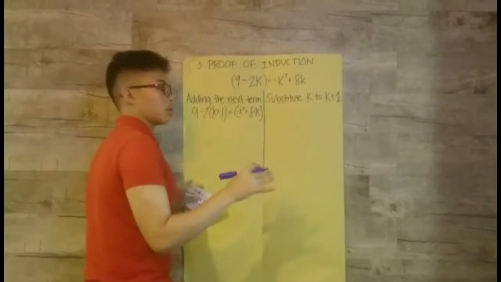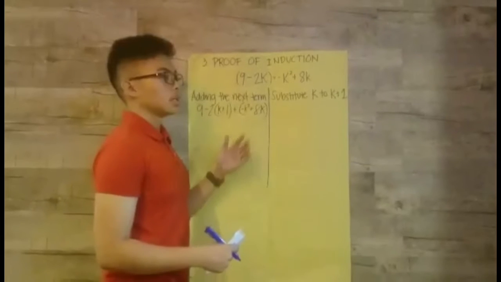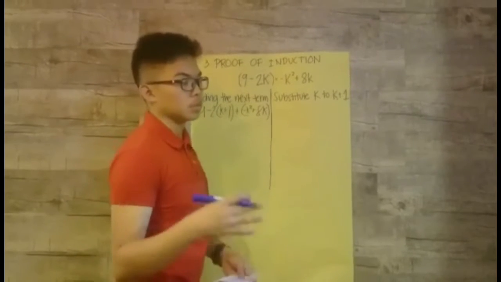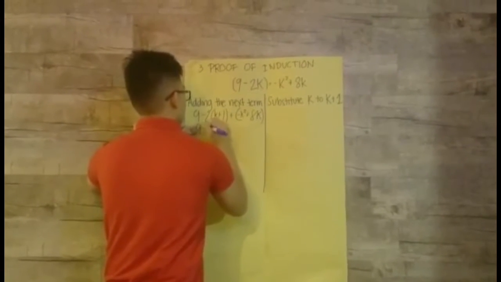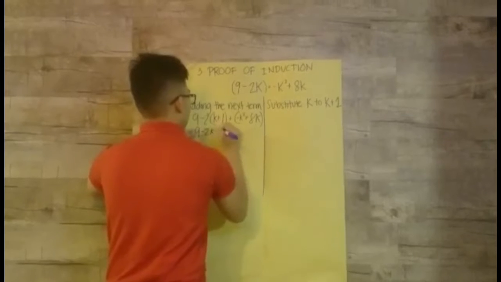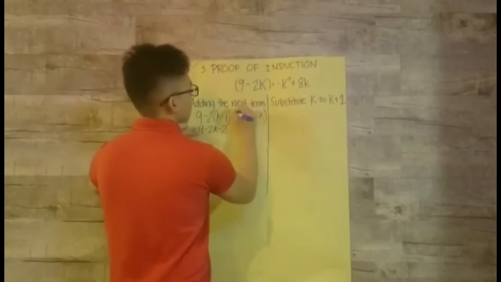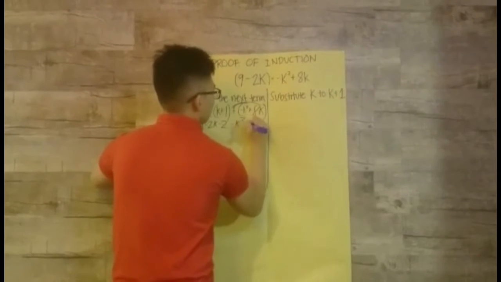Distribute all that can be distributed, or simply get the numbers to their simplest form. 9, negative 2k, negative 2. Distribute this as well. Negative k squared plus 8k.